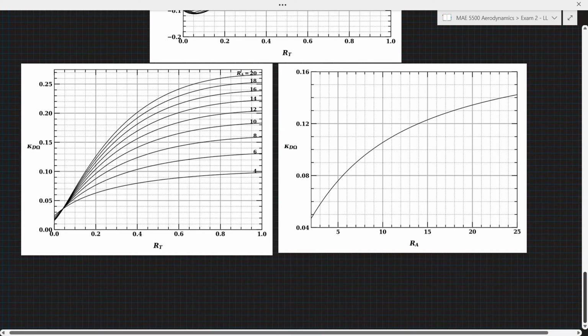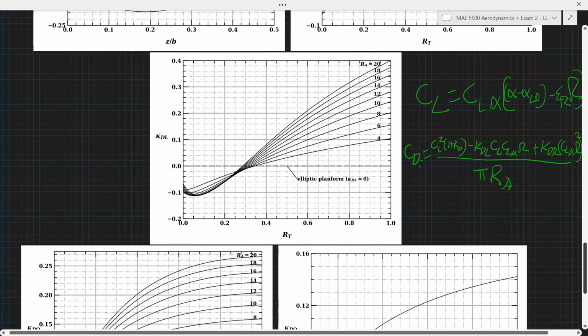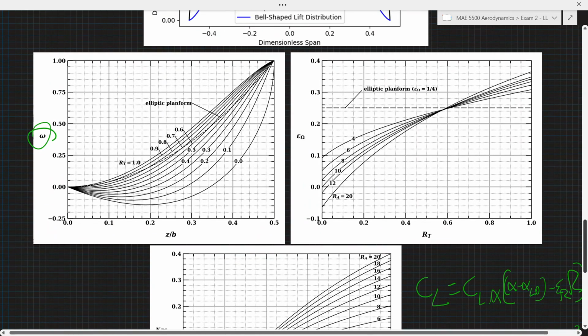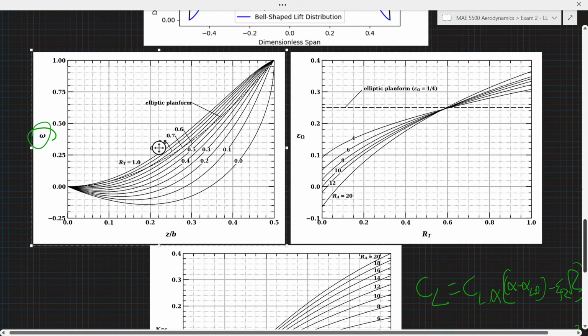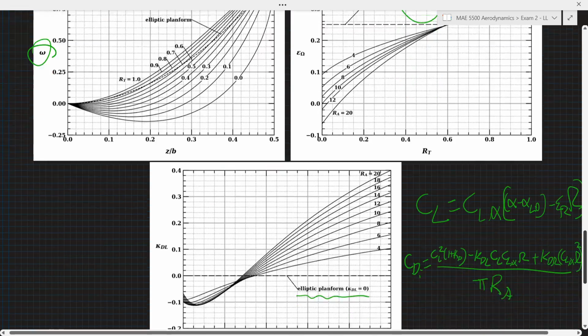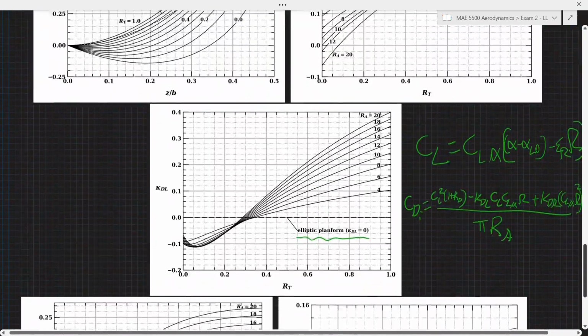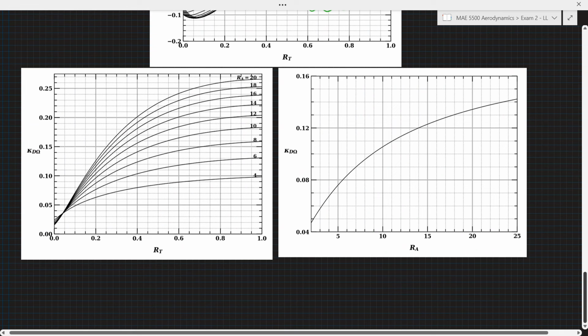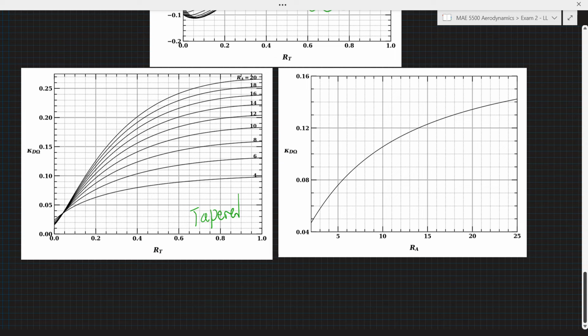And one more thing to note over here: for the elliptic planform, kappa DL is 0, and our epsilon omega is 1/4. Okay, so here's our kappa D omega for tapered wings, and here's our kappa D omega for elliptic wings.